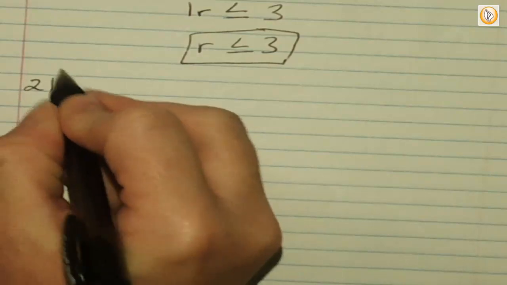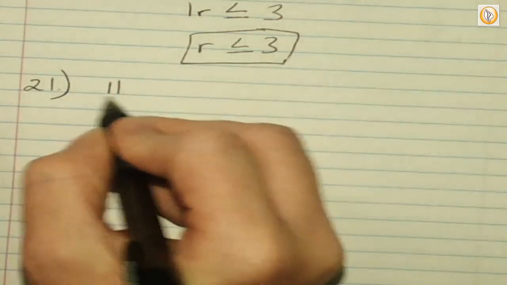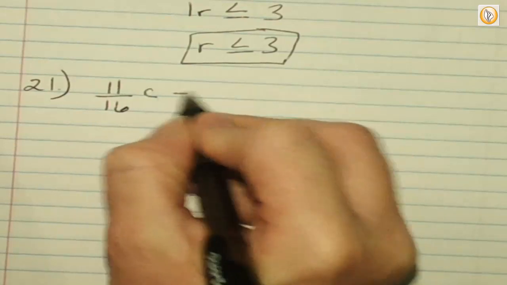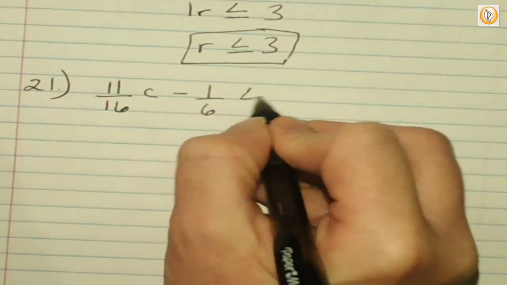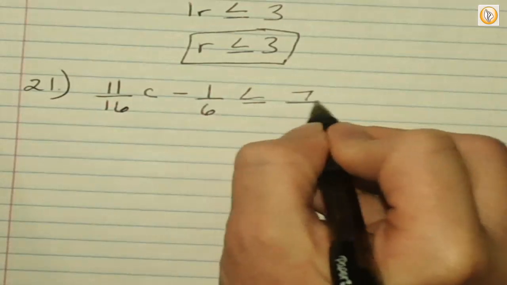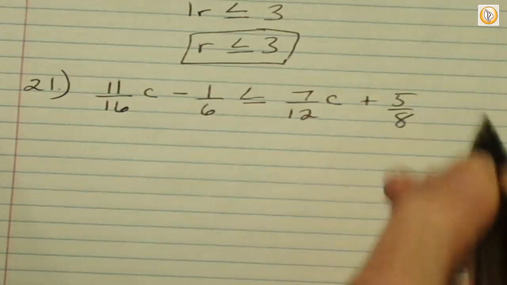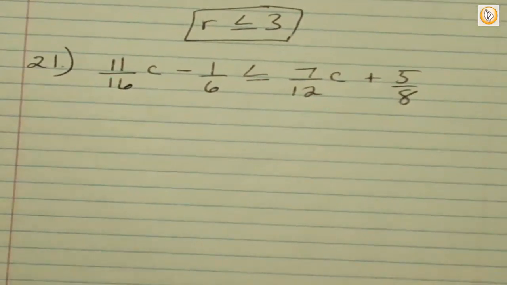Let's look at 21. 11 over 16c minus 1 over 6 is less than or equal to 7 over 12c plus 5/8. Chap, what would be the first thing I do?